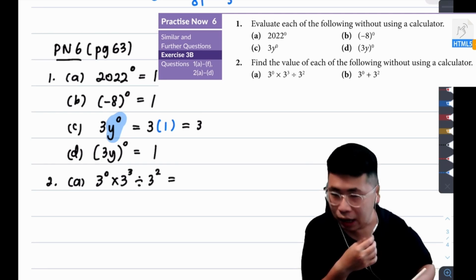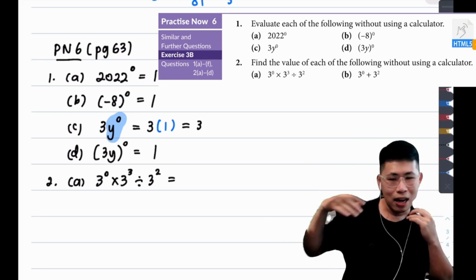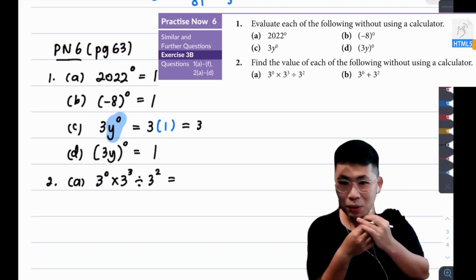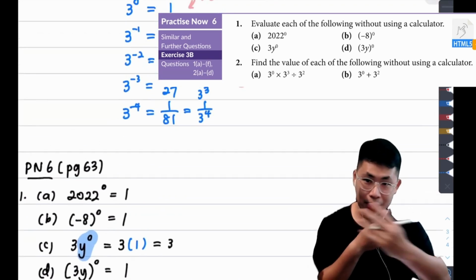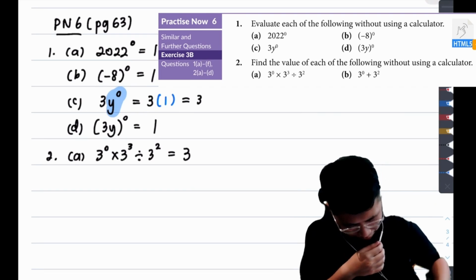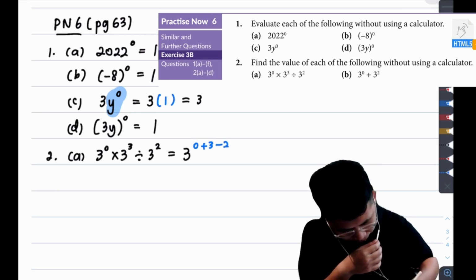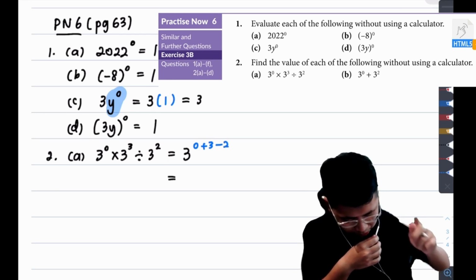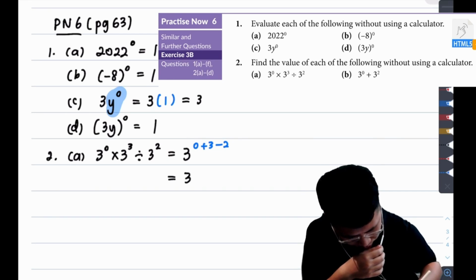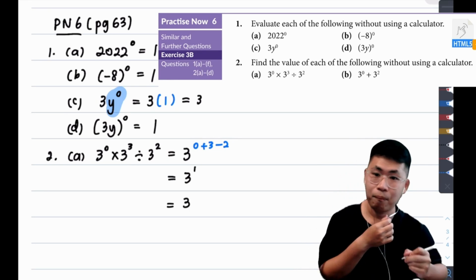Alright, so with this, I'm just going to apply the law of indices. There's no point doing all the calculation. I'm just going to use the law of indices to help us with this. So we have the same base, all are base 3. So I have 3 over here. I will have 0, times means I will have a plus 3, divide means I will have minus 2. So over here, 0 plus 3 minus 2. So this will be 3 to the power of 1, which is also 3.